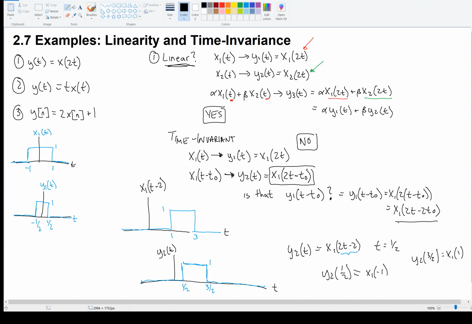Now we ask ourselves, is y2 a delayed, shifted version of y1 with the same shift as x1 and x2? You see, this is the idea. We plugged in x1 and we got y1. Now we delayed x1 by 2 units. So do we get the same delay in y, 2 units? Did we?